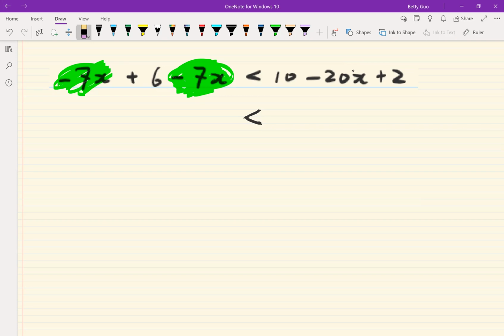And then you can try transposition of terms, or you can apply the addition method. 10 plus 2 is 12.